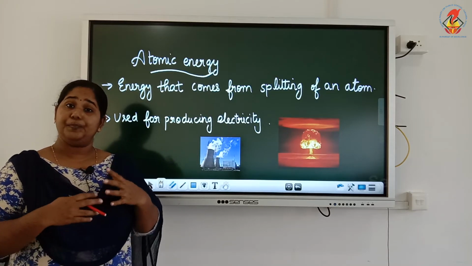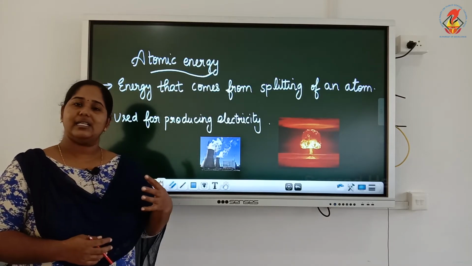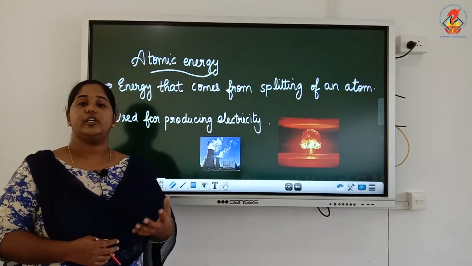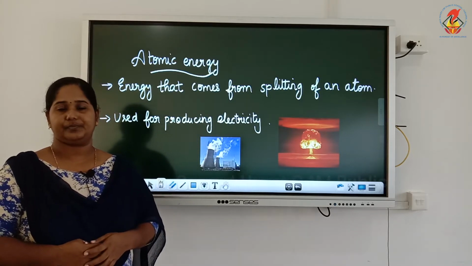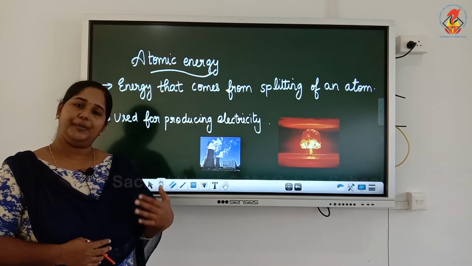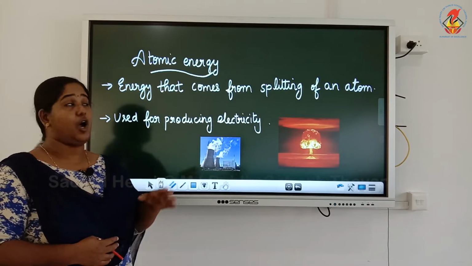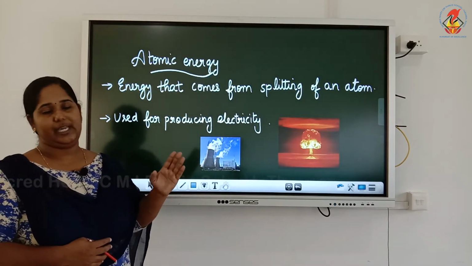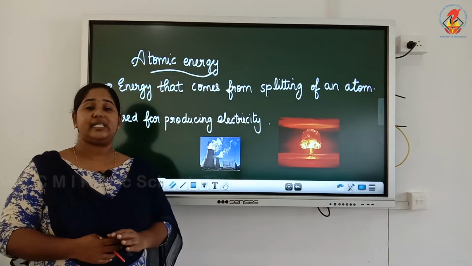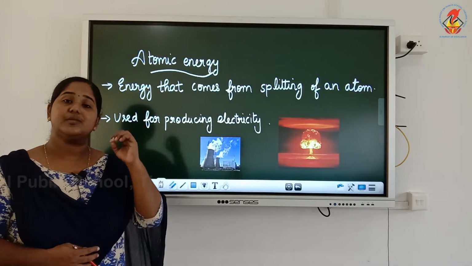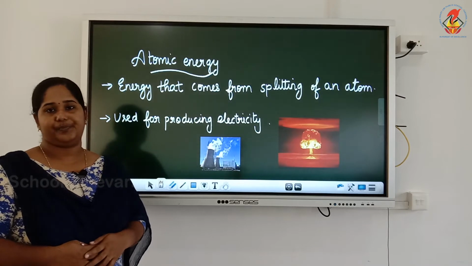It is split, and a lot of energy is required to split this atom. The energy obtained by splitting of this atom is called atomic energy. Atomic energy is obtained from the splitting of a very small particle called the atom.